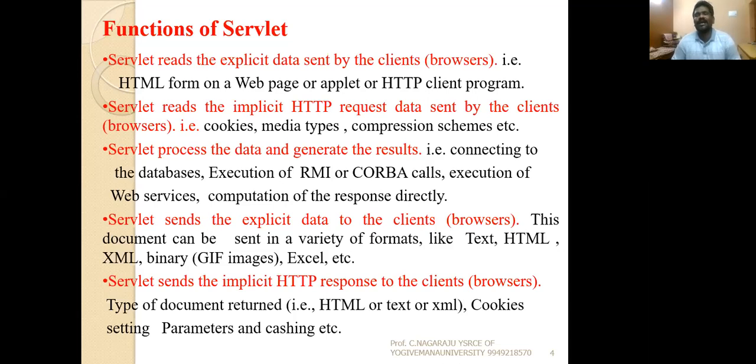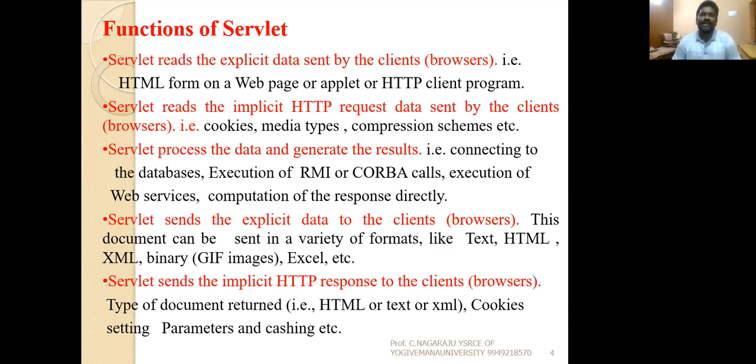Servlet processes the data and generates results: connecting to the databases, execution of RMI, CORBA calls, and execution of web services, so computation of the response directly. Next step is the servlet sends the explicit data to the client.